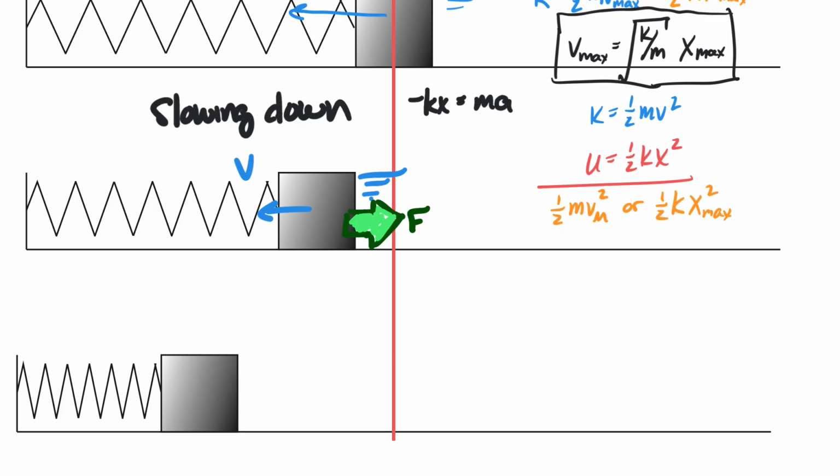It can equal either one of those two things. Whatever one you happen to have is what you could use, because it can be either one. But again, we're in the middle, so we are slowing down. All good? Any question about that?